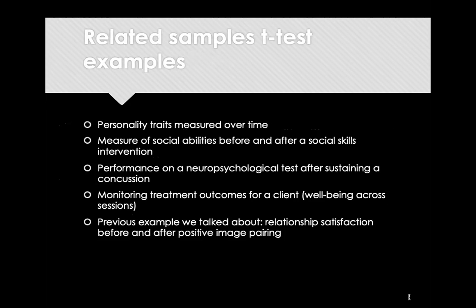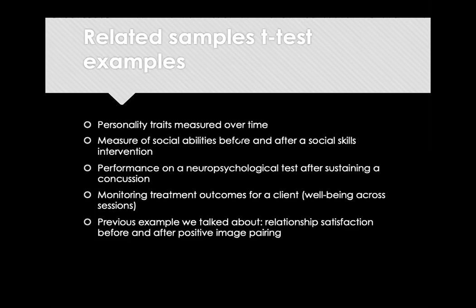The only kind of t-test that maybe would be similar to correlations is a related or paired samples t-test. When we talked about repeated measures or within subjects designs, related or paired samples t-test, we talked about measuring the same variable twice rather than two different variables.